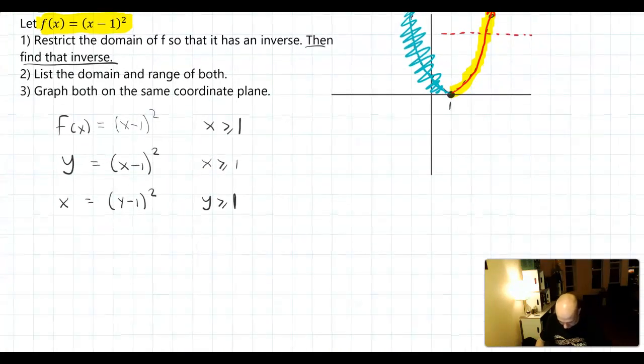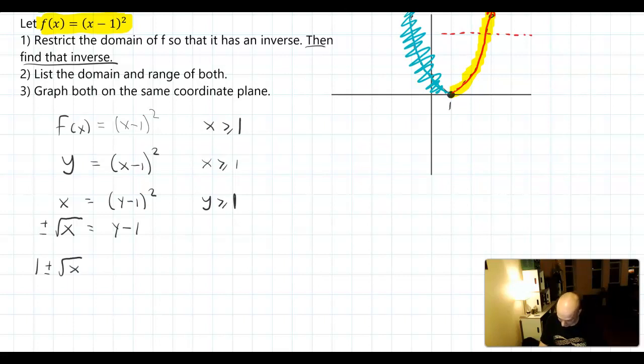Square root. I'm going to keep the plus or minus on there. And I'll add 1 to both sides. We'll say 1 plus or minus root x is equal to y.